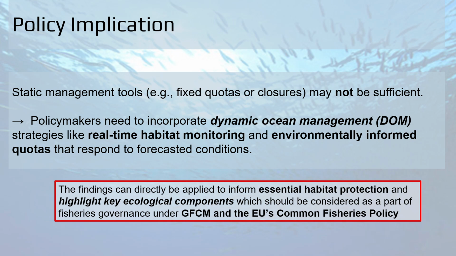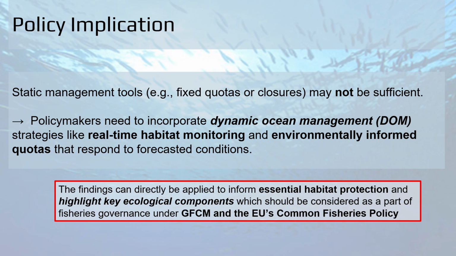So finally, this has really important policy implications, as currently static management tools are being used, such as the number of hours that can be spent at sea, or the amount of fish in tons that can be caught, or closures that are currently occurring during the spawning seasons.